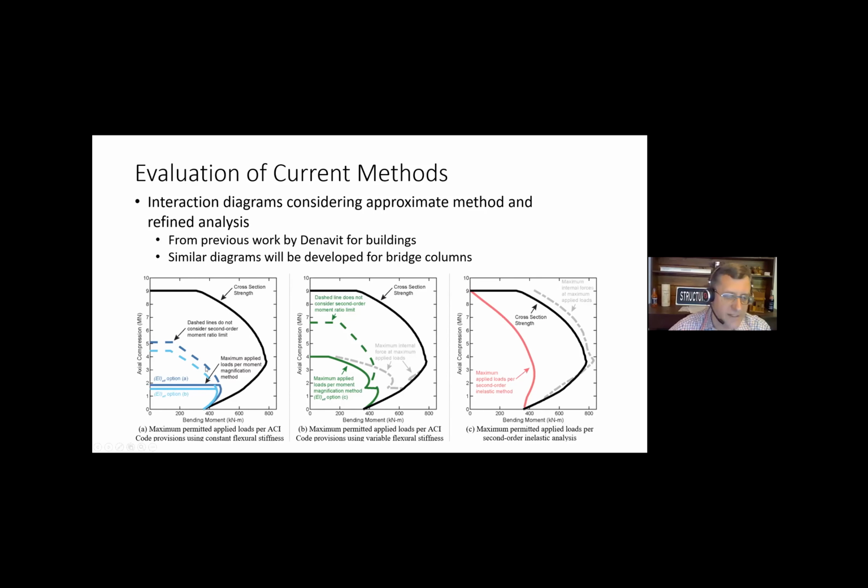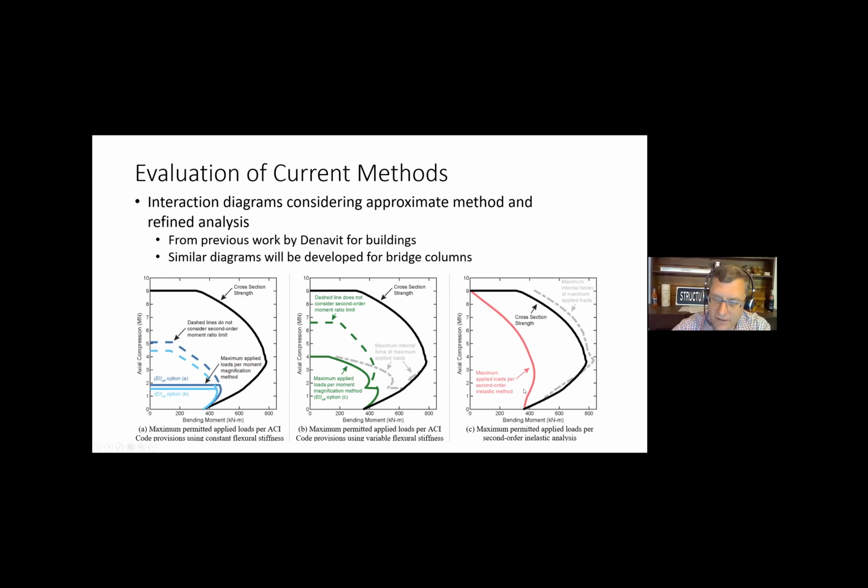Figure A here on the left shows the strength considering second order effects, using different EI effective stiffnesses. The figure in the middle, B, contains different strength calculations based on different effective stiffnesses and different design methodologies.